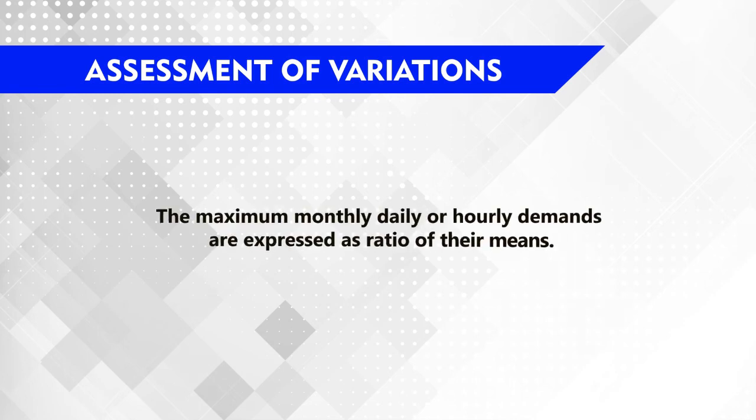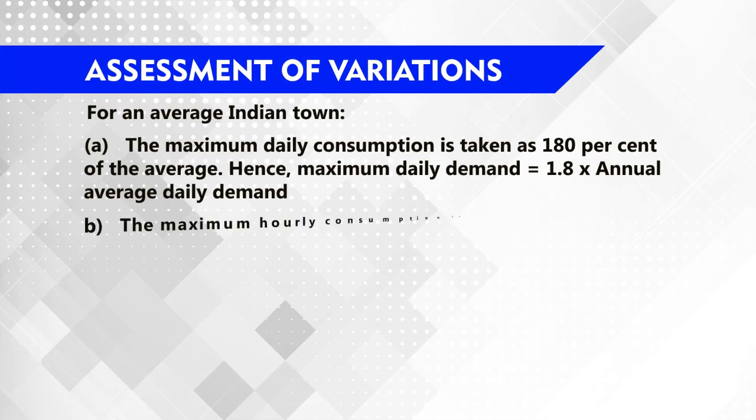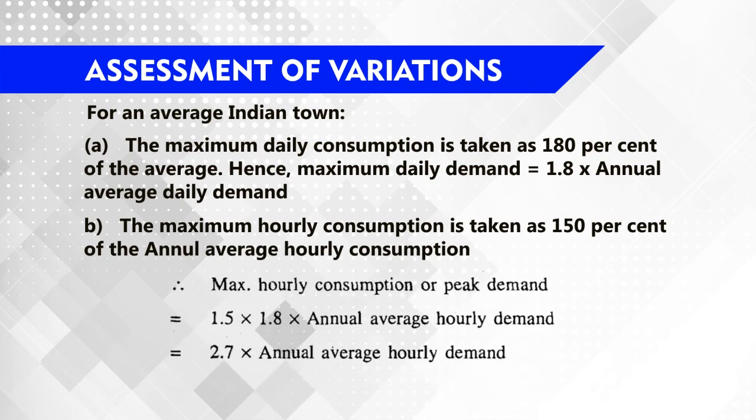The maximum monthly, daily or hourly demand are expressed as a ratio of their mean. For an average Indian town, the maximum daily consumption is taken as 180% of the average daily consumption, and the maximum hourly consumption is taken as 150% of the annual average hourly consumption.